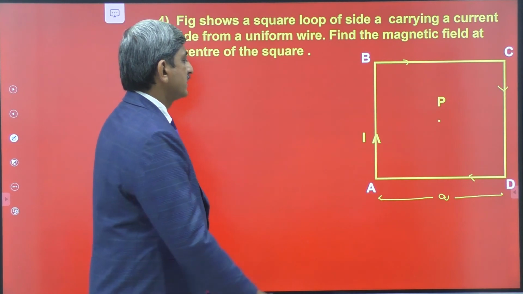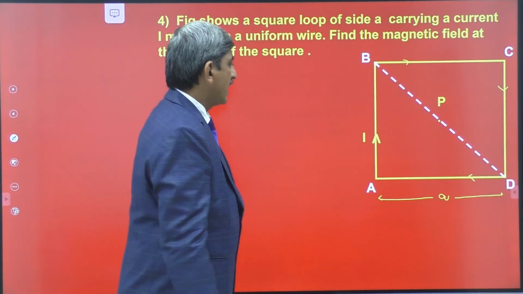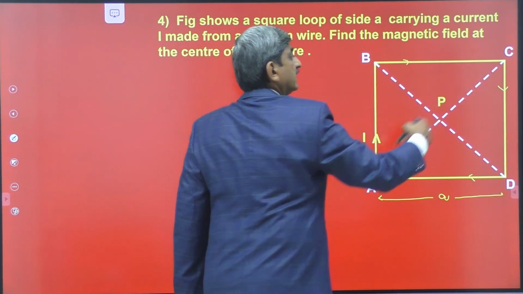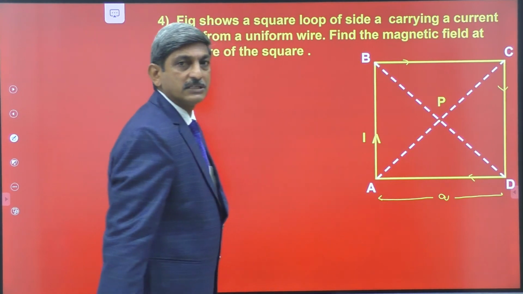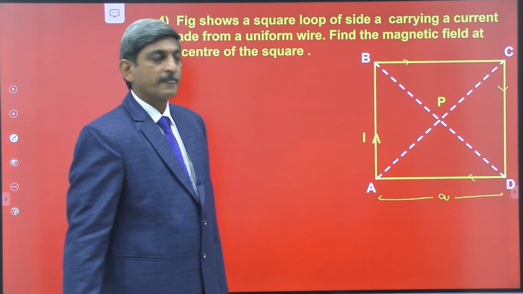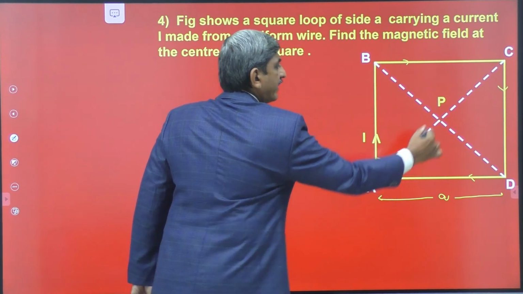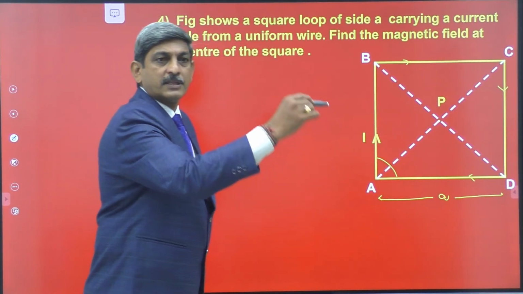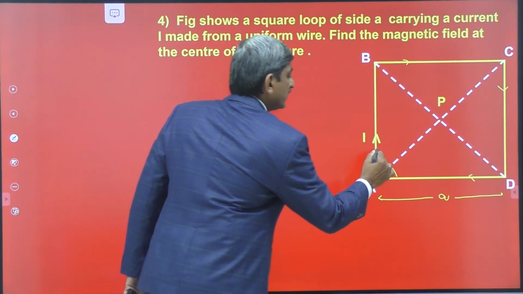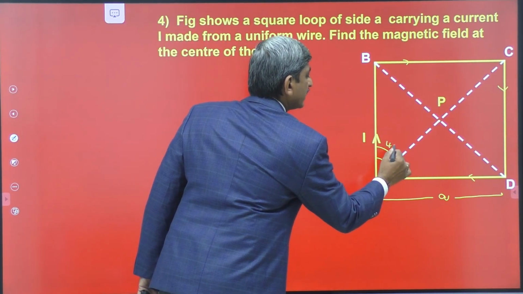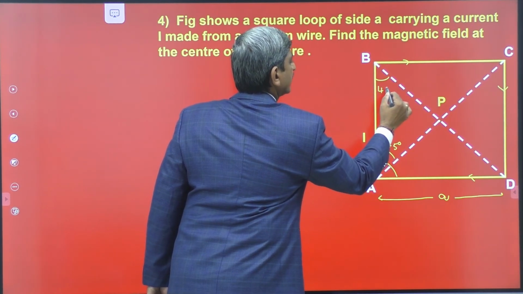For that, see here, this BD is one diagonal and this AC is the other diagonal of the square, and the intersection of the two diagonals is nothing but the center of the square. Okay, here this angle is equal to 90 degrees, whereas this diagonal is the angular bisector. That's why this angle is equal to 45 degrees and this angle is also equal to 45 degrees.